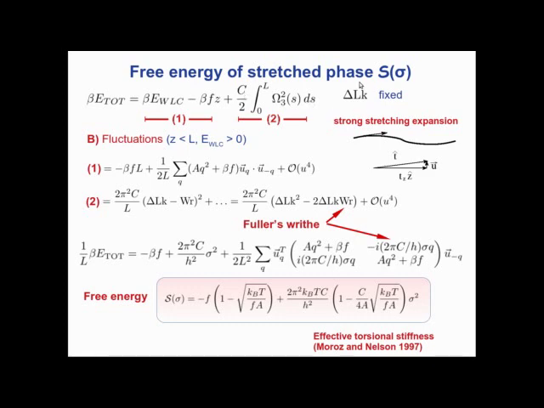But this constraint of fixing the linking number somehow couples them, and there are terms where C and A enter together. So the bending fluctuations are coupled and give rise to, what in the previous model was just this factor 1 in the stretched, straight molecule limit, now actually comes with more complicated terms. This is called the effective torsional stiffness.